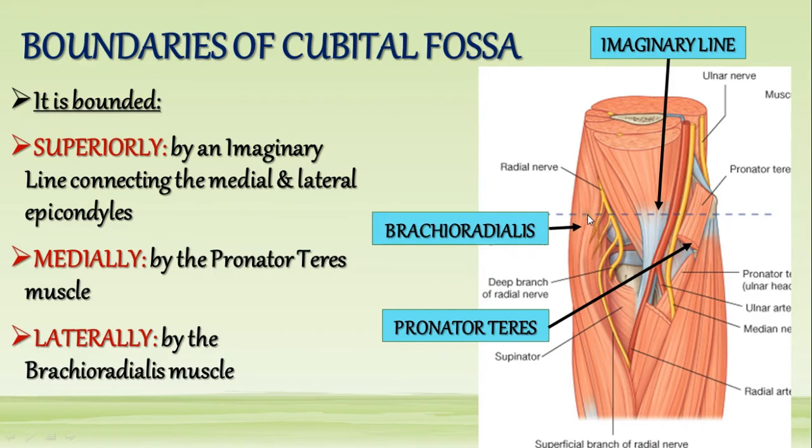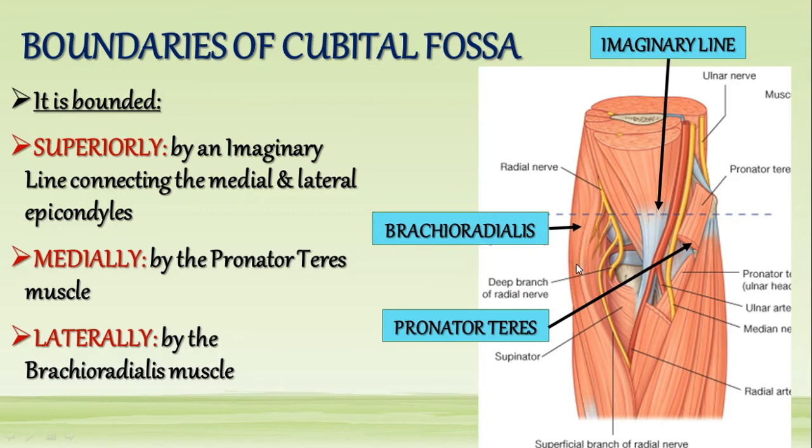Superiorly, it is bounded by an imaginary line which connects the medial and the lateral epicondyle of the humerus. Medially, it is bounded by the pronator teres muscle. In this figure, the pronator teres muscle is dissected to show the neurovasculature present in the cubital fossa.